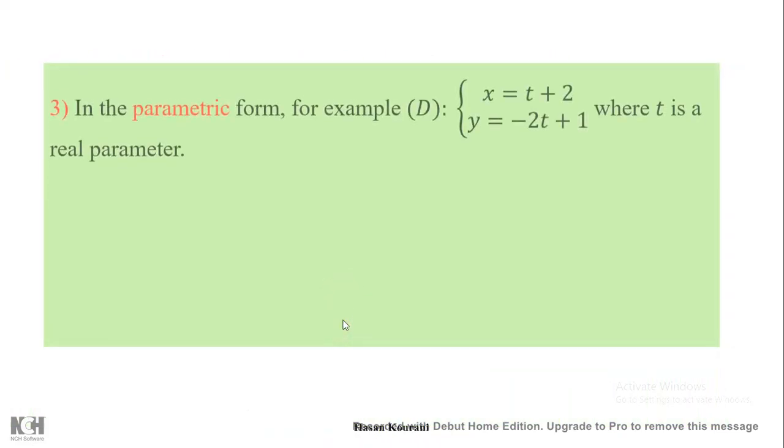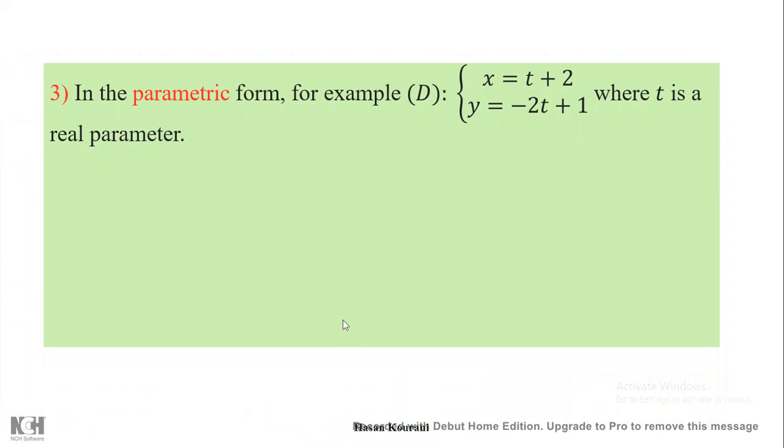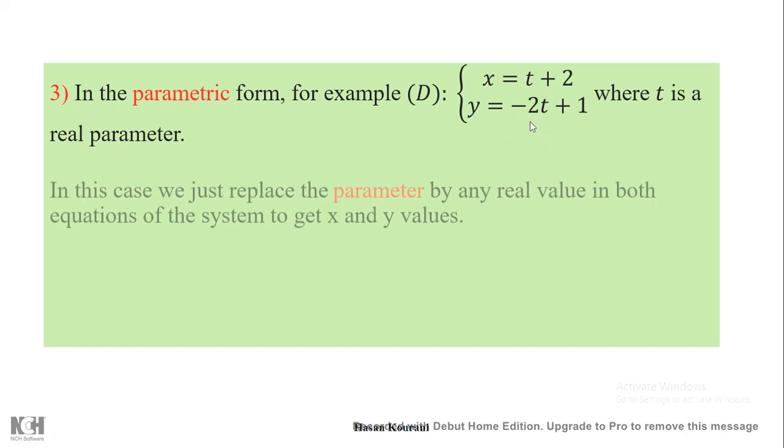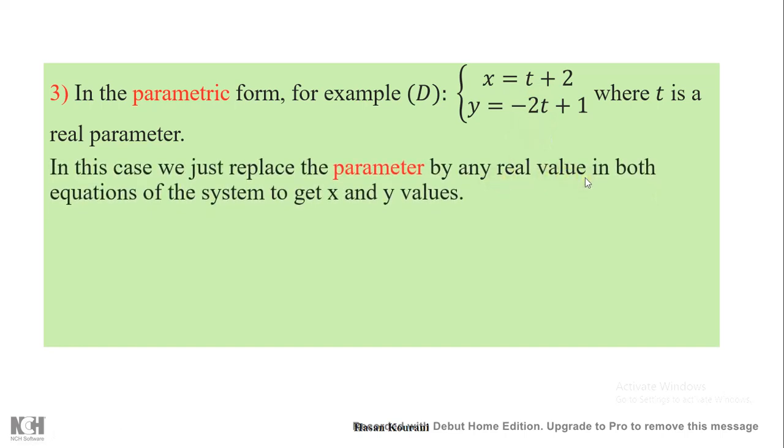While in parametric form, this is a different case. We can't replace x by a certain value. We may, but it's easier to replace, in this case, the parameter by any real number and substitute it here and there to get x and y. How?